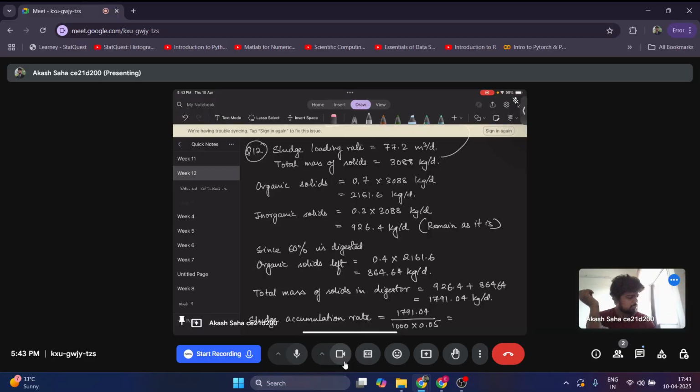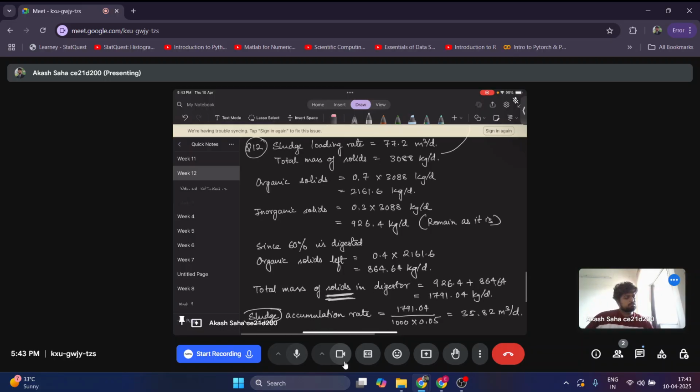So that is 35.82 meter cube per day. So first we calculate how much of the solids will be there in the digester, and from that we got the sludge. So again the percentage of solids will come into the picture, that is the 5%.